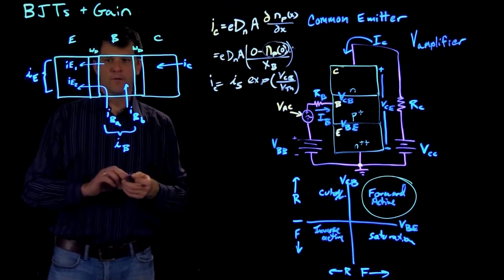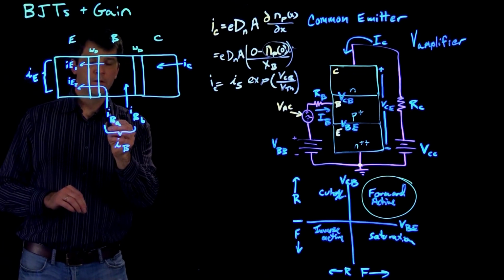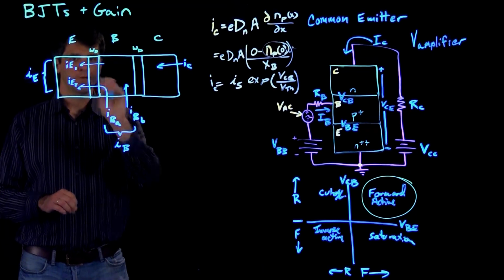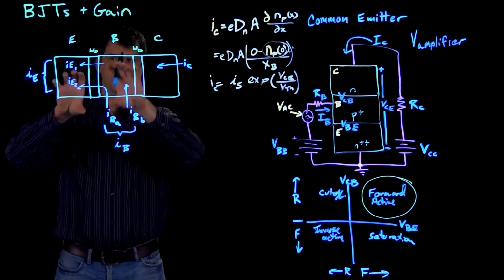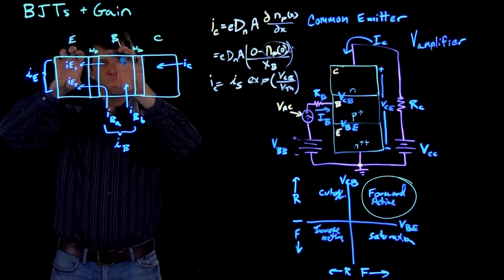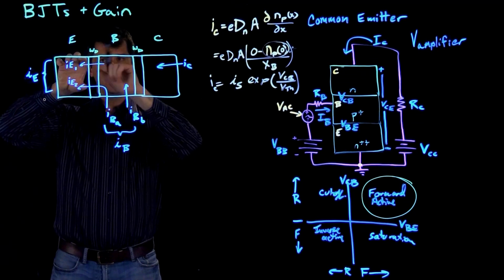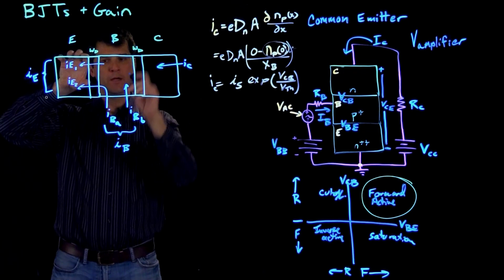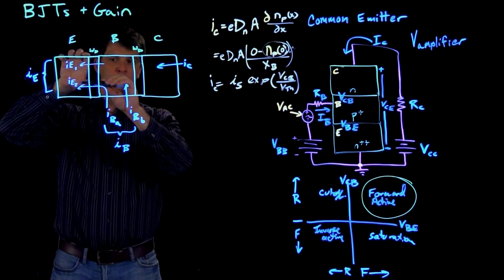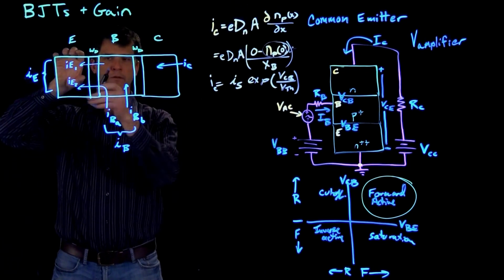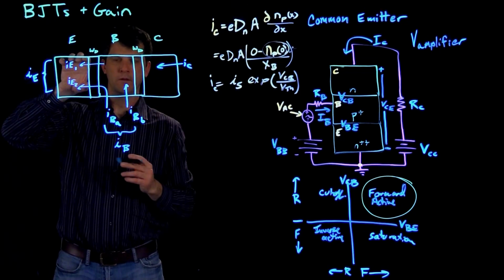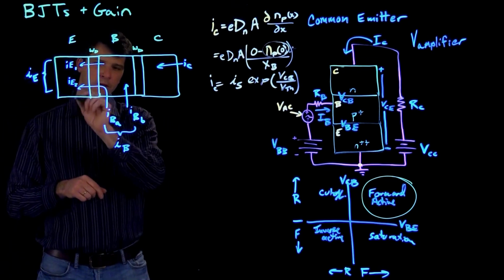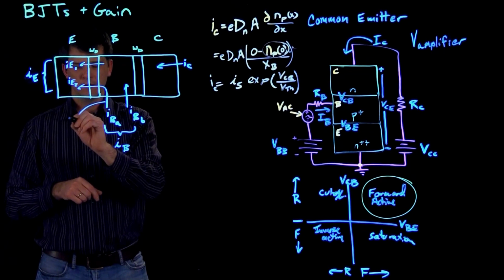Now we have also some injection of holes from the base to the emitter. So while we're raising up that electron emitter so that the barrier here gets smaller and putting it further into forward bias, what it means is we're also injecting holes back this way as we're injecting the electrons that way. So we want to minimize this hole injection current.